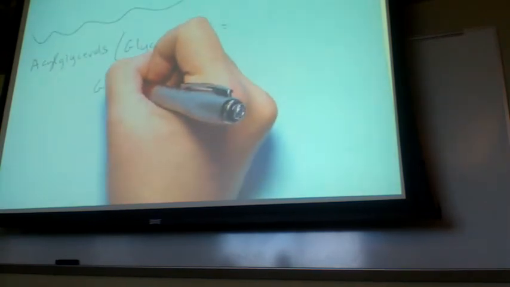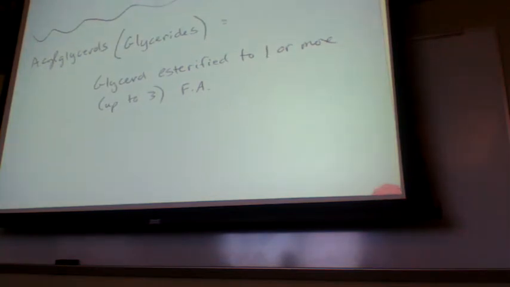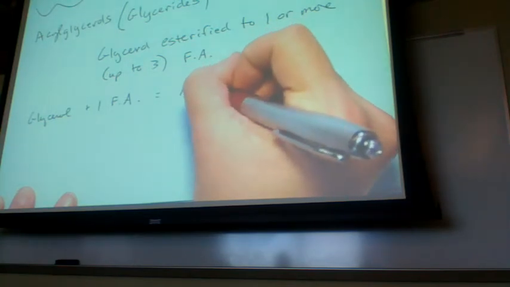I want you to understand both. An acylglycerol is a glycerol esterified to one or more, up to three, fatty acids. So if you have glycerol plus one fatty acid esterified to it, then that is a monoacylglycerol, or a monoglyceride.